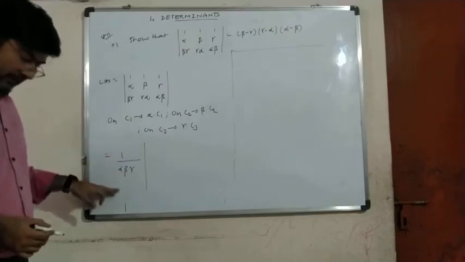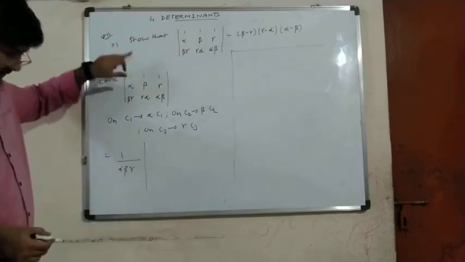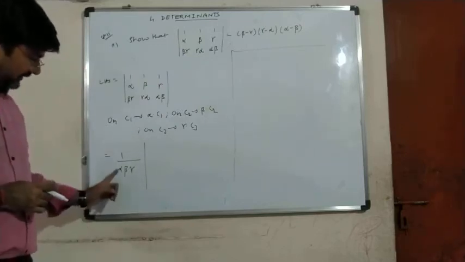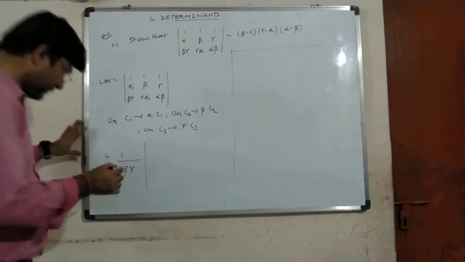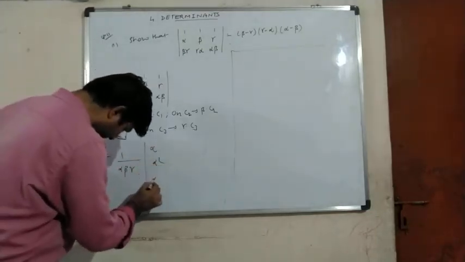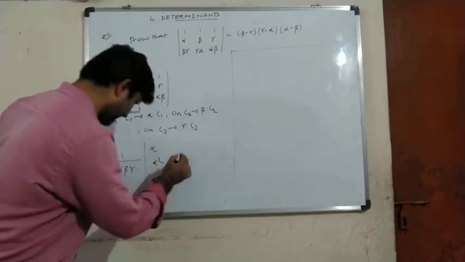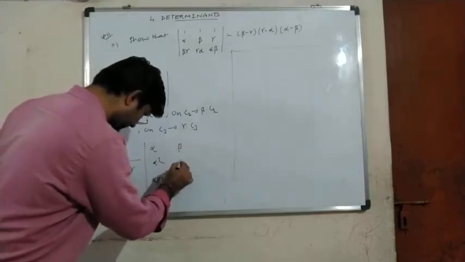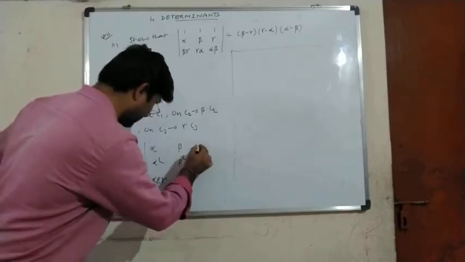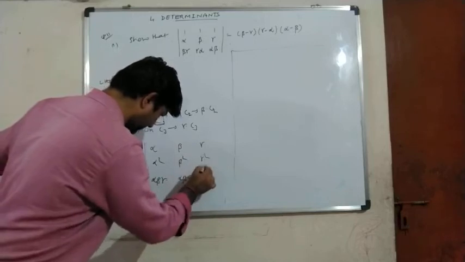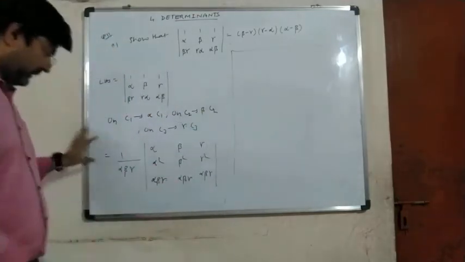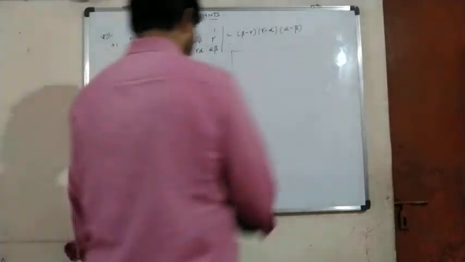So since we are multiplying the first, second and third column by alpha, beta, gamma respectively, we will divide by alpha, beta, gamma. Clear? So now first column will become alpha, alpha square, alpha beta gamma. Then second column will be beta, beta square, alpha beta gamma, and third column will be gamma, gamma square, alpha beta gamma.